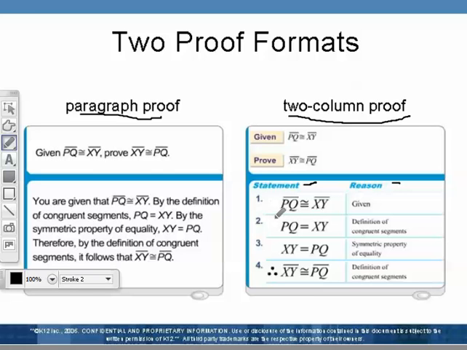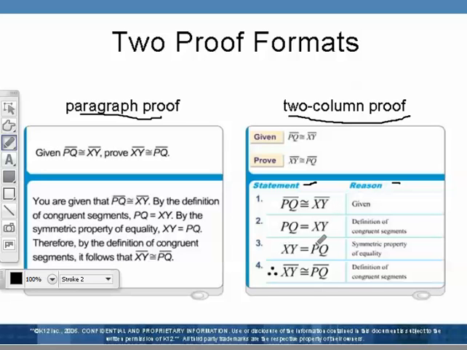So out of line 1, I could say, you are given that PQ is congruent to XY. By definition, PQ is equal to XY. That's the definition of congruent segments.